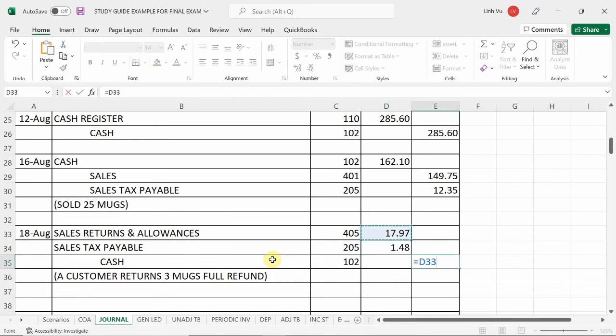Okay, so how much cash are we actually giving back? $19.45. $19.45. Okay.